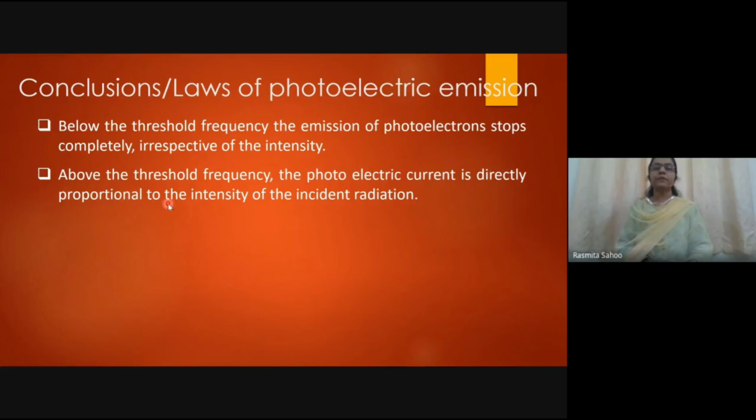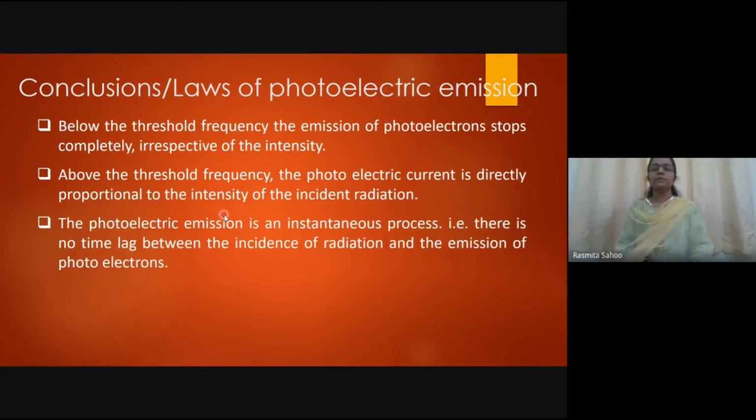Above the threshold frequency, the photoelectric current is directly proportional to the intensity of the incident radiation. You can remember that graph: the photoelectric current is directly proportional to the intensity. The photoelectric emission is an instantaneous process, that is, there is no time lag between the incidence of radiation and the emission of photoelectrons.